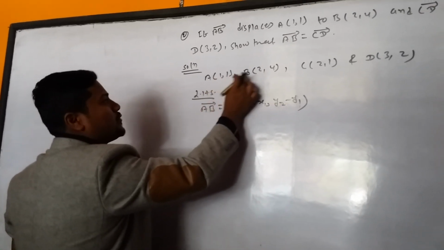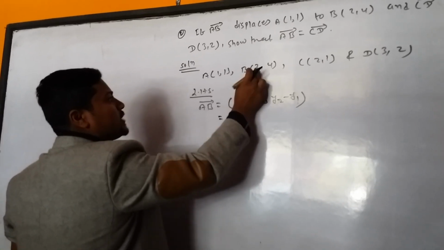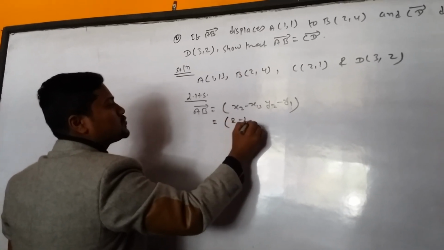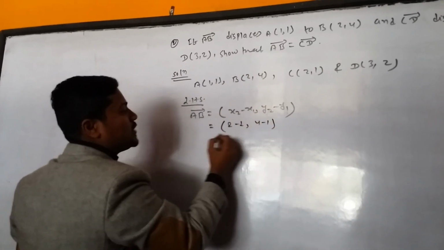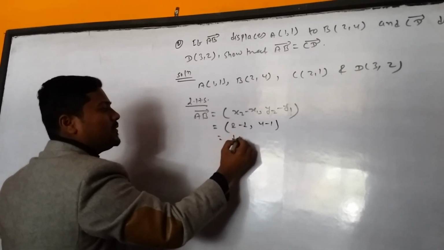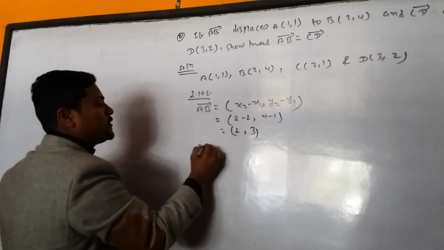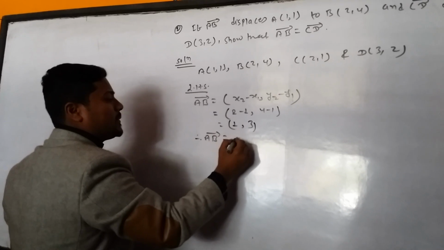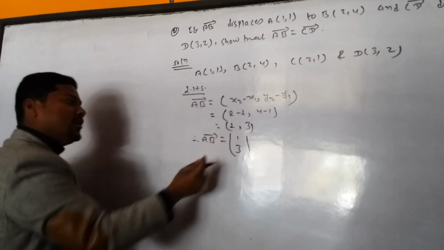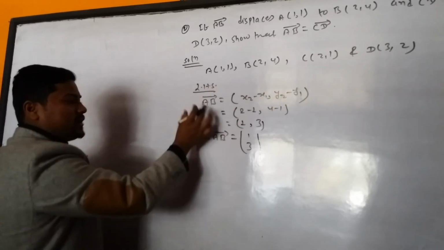Very good. Here x1, y1, x2, y2. So x2 means 2 minus 1, y2 means 4 minus 1. What will come here? 1, 3. Therefore AB vector is equal to 1, 3. So that is the LHS.